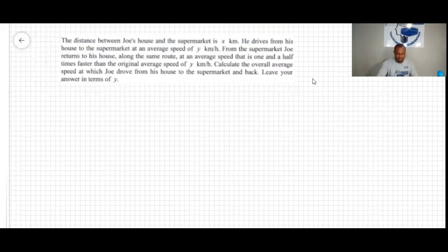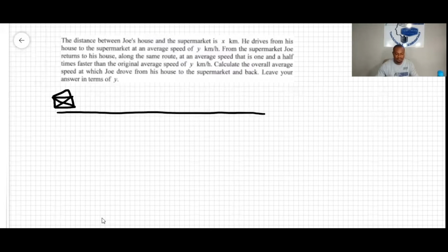All right, the question says that the distance between Joe's house and the supermarket is X kilometers. So assuming the distance is this, and Joe's house is somewhere here, okay, Joe's house, and the supermarket is over here.